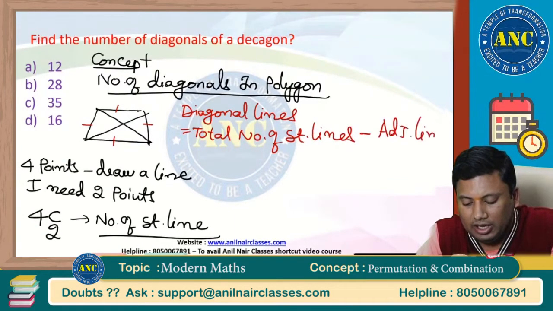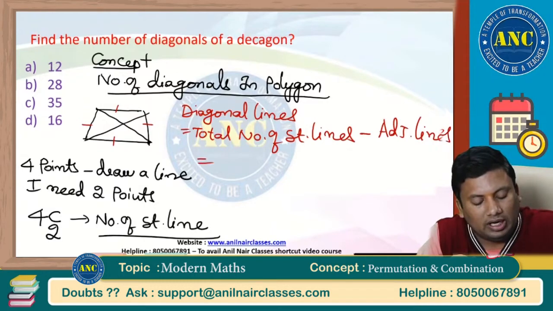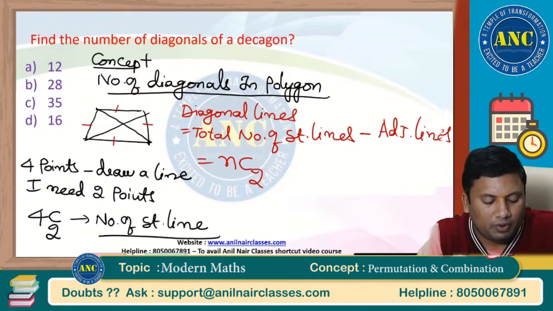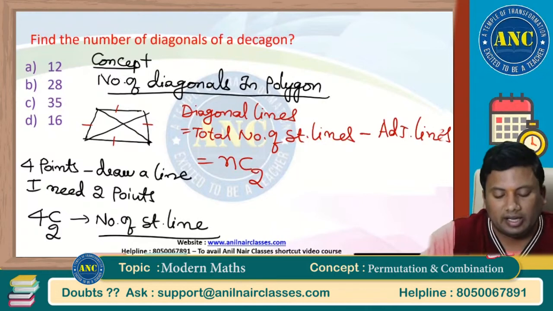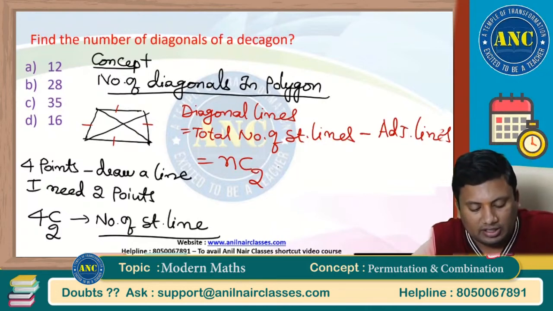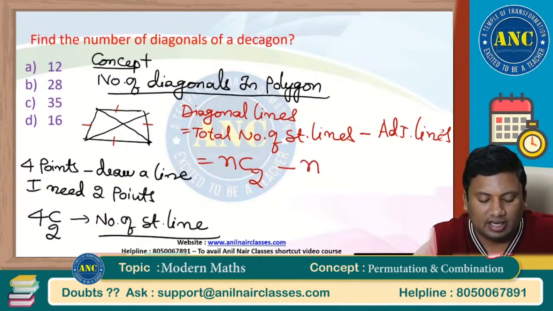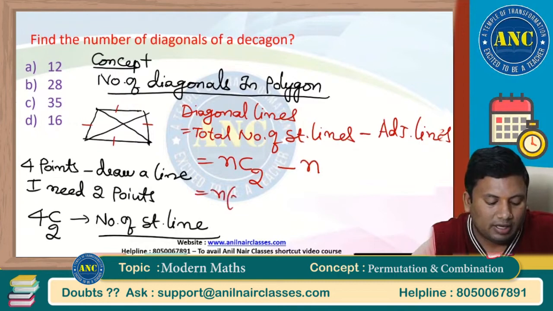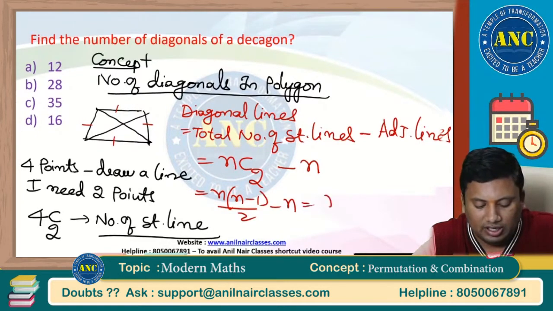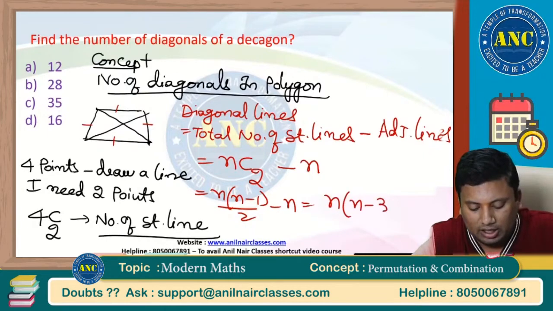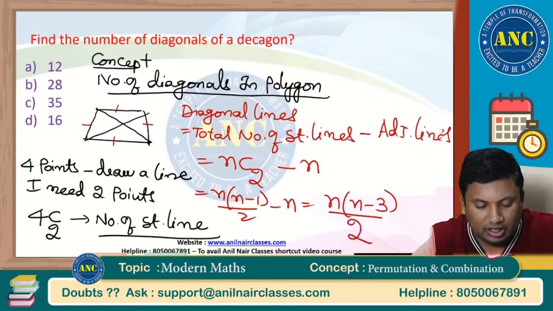I hope the idea is clear. Total number of straight lines, if n points are there, to draw a straight line I require nC2. Adjacent lines are n. So it is n into n minus 1 by 2 minus n, which is nothing but n into n minus 3 by 2.